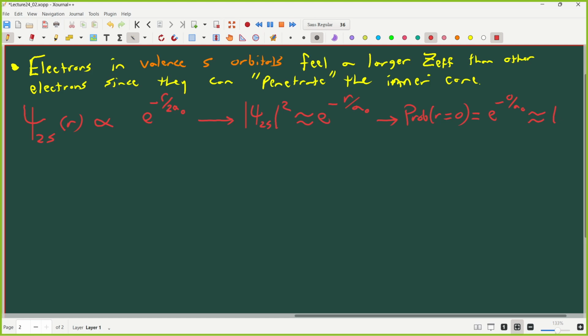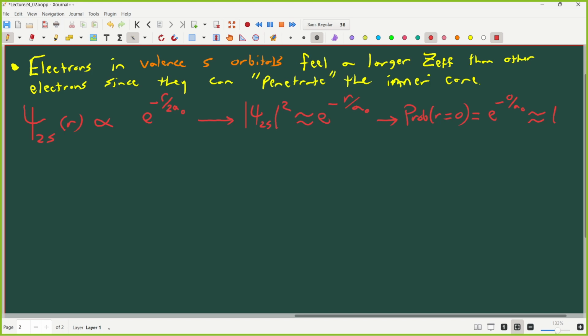But here's the important point: the 2s electron actually has some probability amplitude to be close to the nucleus. So the s electrons tend to spend more time deep in the core, even when they're in the valence. They have probability to be close to the nucleus, and therefore they feel a stronger nuclear charge because they can penetrate those shielding electrons in the core and feel the effect of the nucleus.